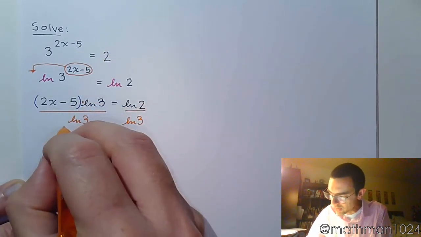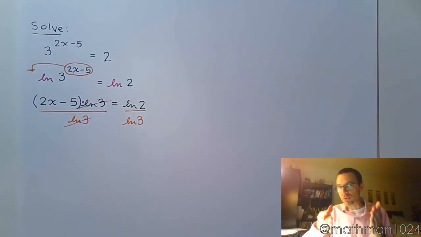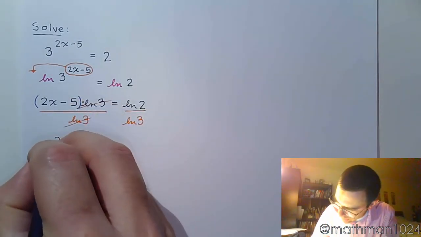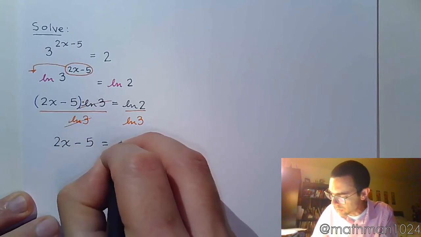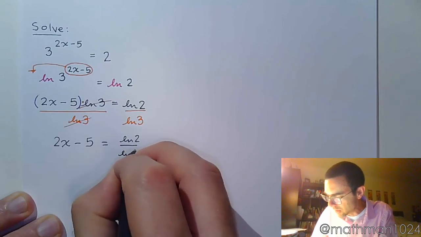So if I divide by the natural log of 3, that guy's going to go away, and that's going to help me get closer and closer to getting the variable by itself. And so now we have 2x minus 5 is equal to the natural log of 2 over the natural log of 3.